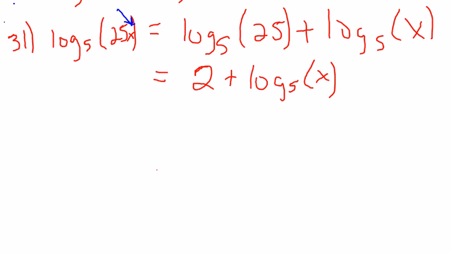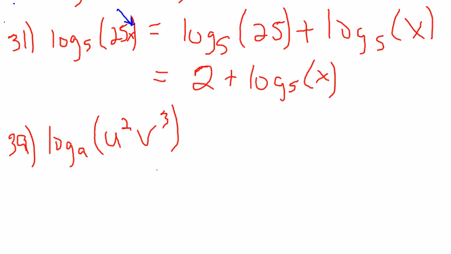Number 39. Log base a of u squared times v cubed. Same thing we were doing in the previous problem. I'm expanding it, but now instead of numbers, I've got all variables.